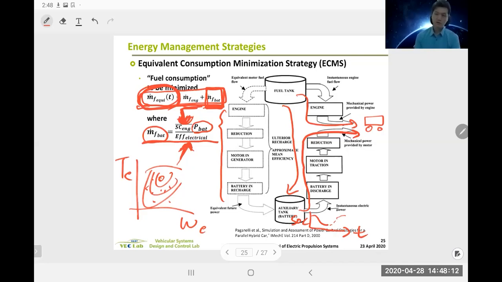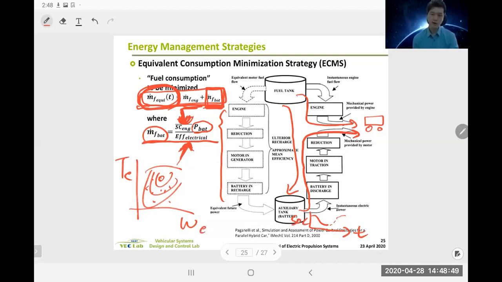But later on, you will learn how this is related to optimal control theory. Initially, this was proposed by intuition, engineering sense, because all of this makes sense, right? This is explainable, right? But later on, we will find out how this actually reflects optimal control theory, which is math.